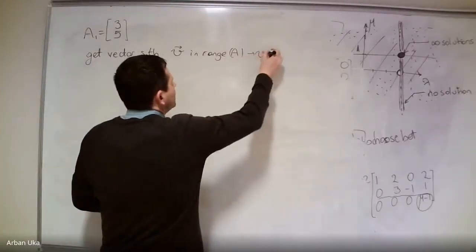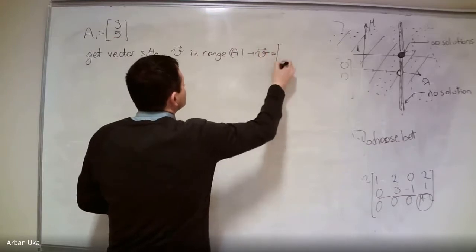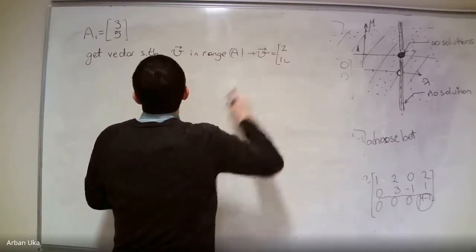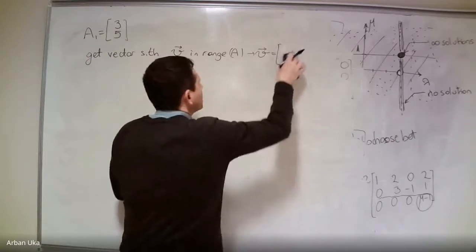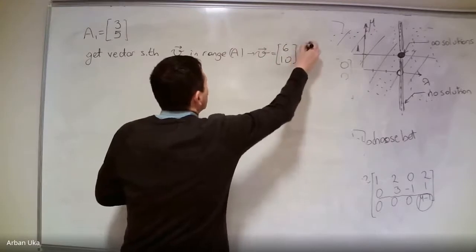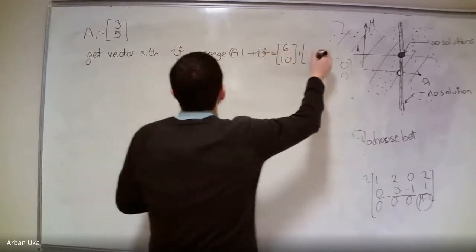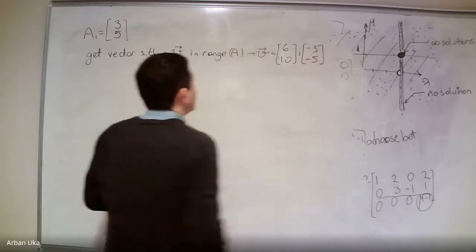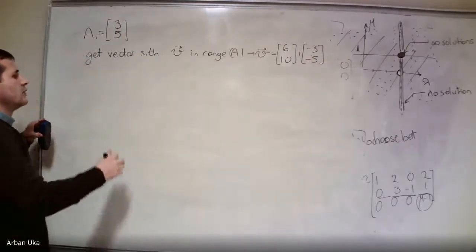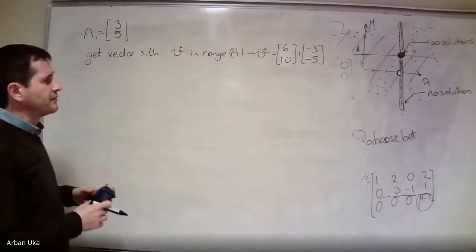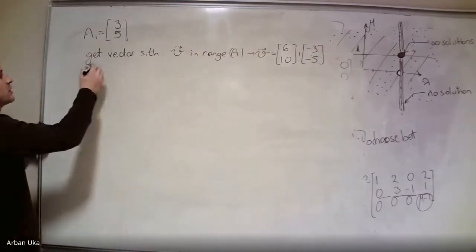Yes, so vector V would be something like this. Actually, 6, 10. Or another vector V can be minus 3, minus 5, right? As you said, we can multiply 3s, 5s, that's true. But this is a couple of one with a comma.